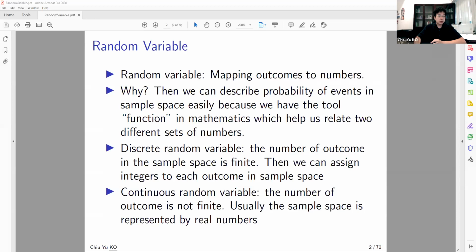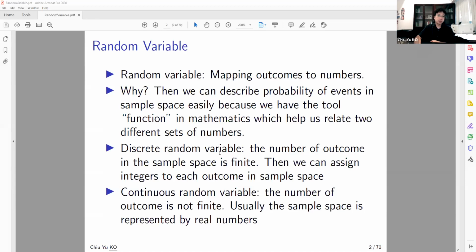In the textbook there are two chapters, one called discrete random variables and one called continuous random variables. We combine them together in the same slides because I don't see the reason to separate them. They're very similar except for the tools we use.